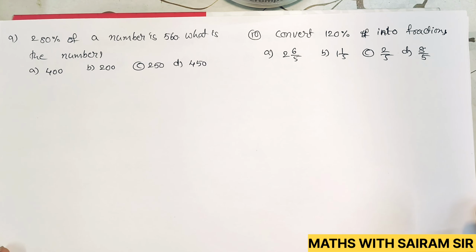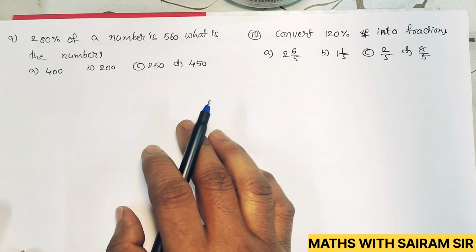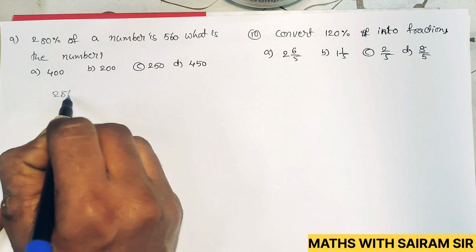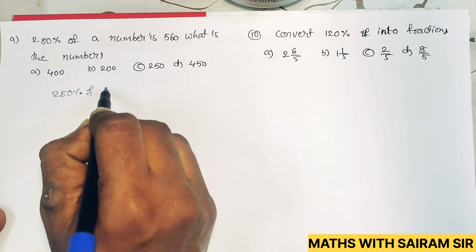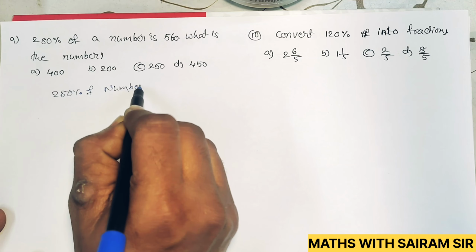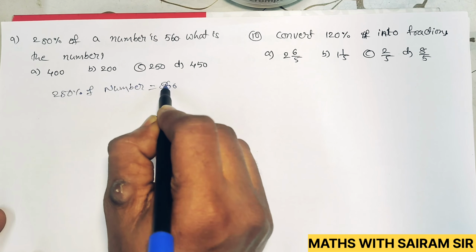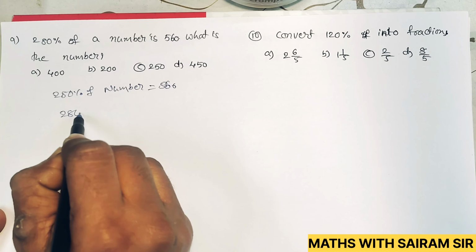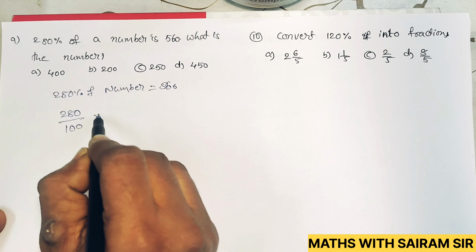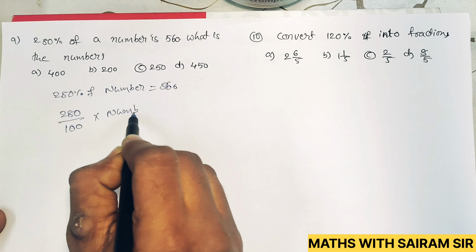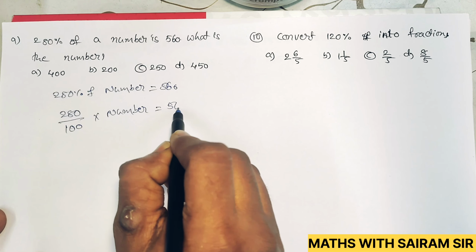If 280% of a number is 560, then what is that number? See, 280% of a number gives us 560. Okay, so 280% means what? 280 for 100 into that number, that gives us 560.